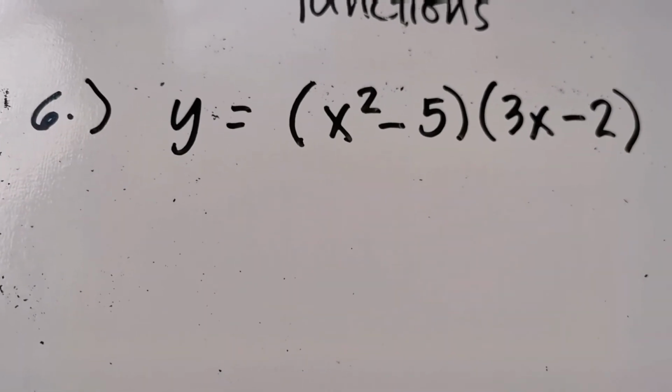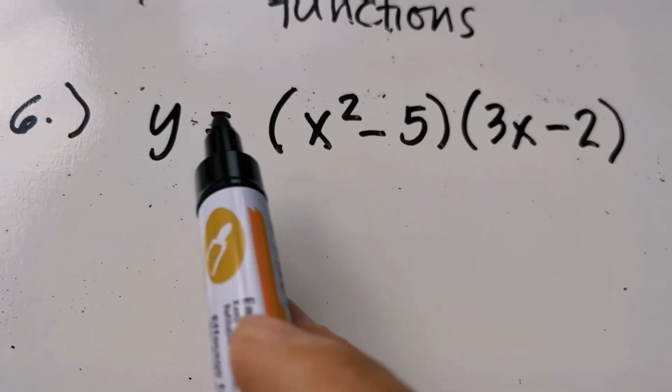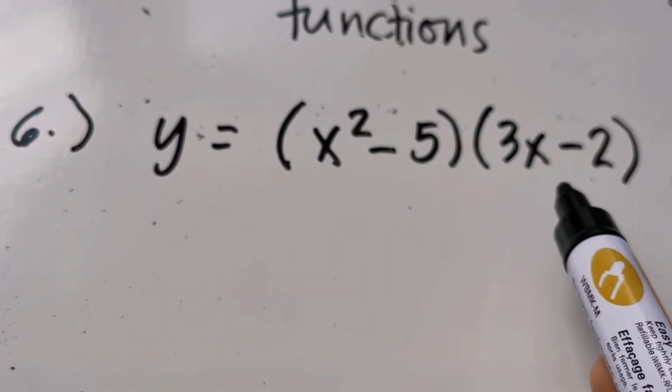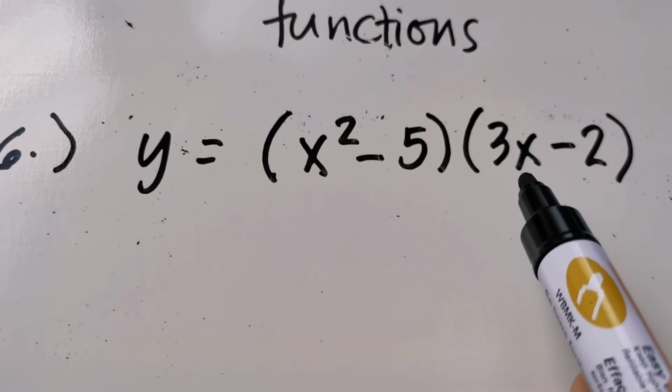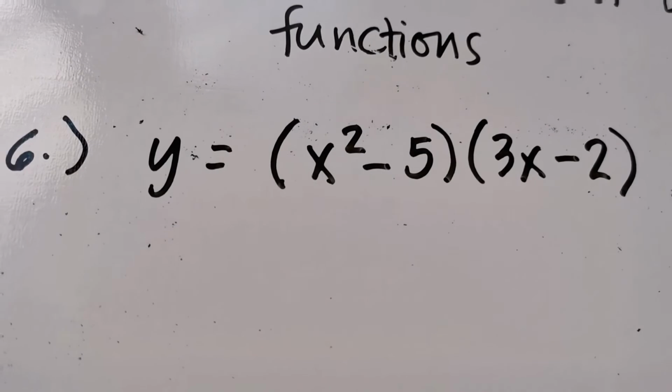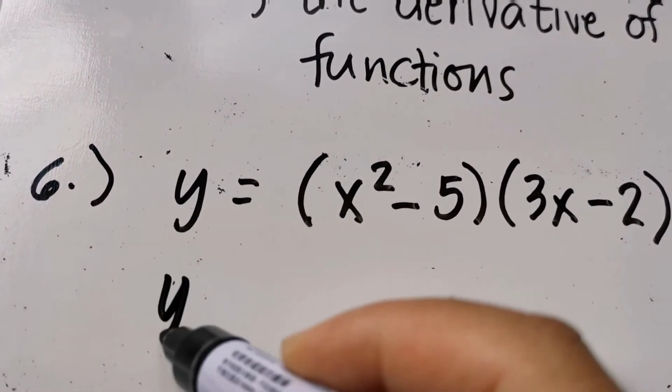We are now in our sixth example. We have y equals the product of x squared minus 5 and 3x minus 2. So we have y prime.